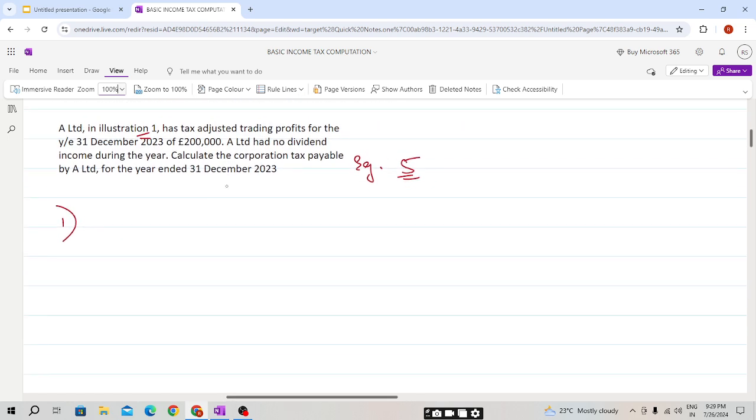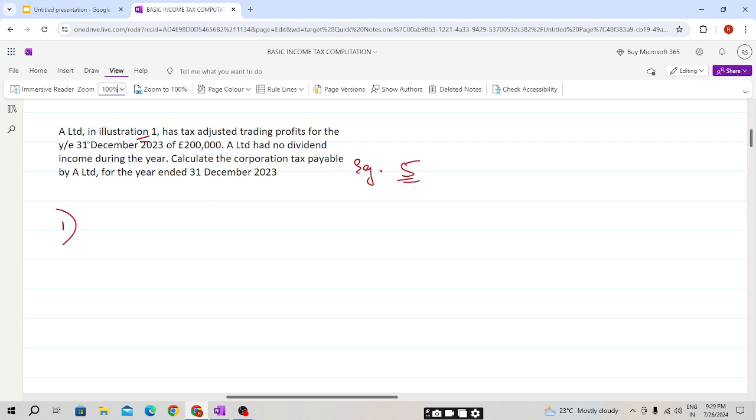So students, now we will be doing the associated part. A Limited in illustration 1 has tax adjusted trading profit. This is for the purpose of understanding the number of associated companies, but I have mentioned the number of associated companies. Now we will be looking at the calculation part.